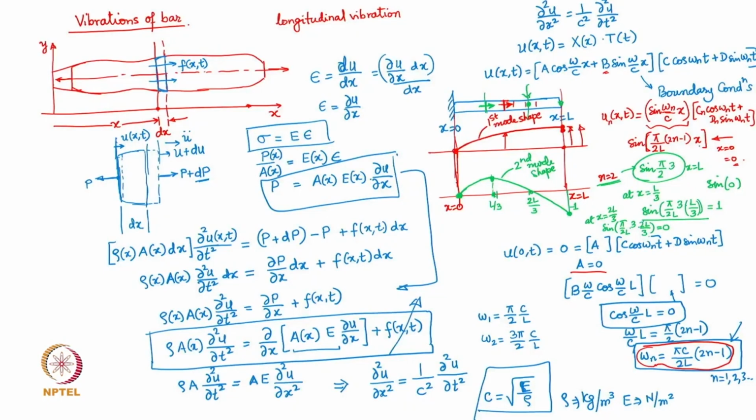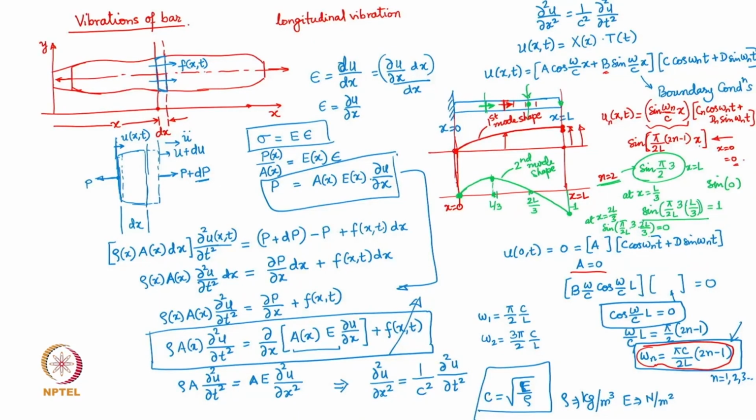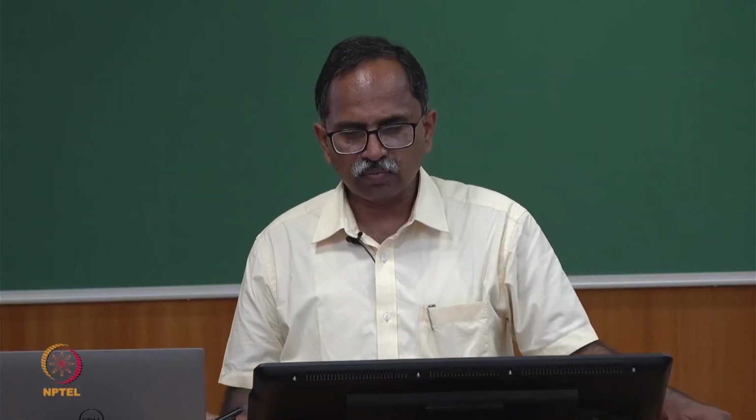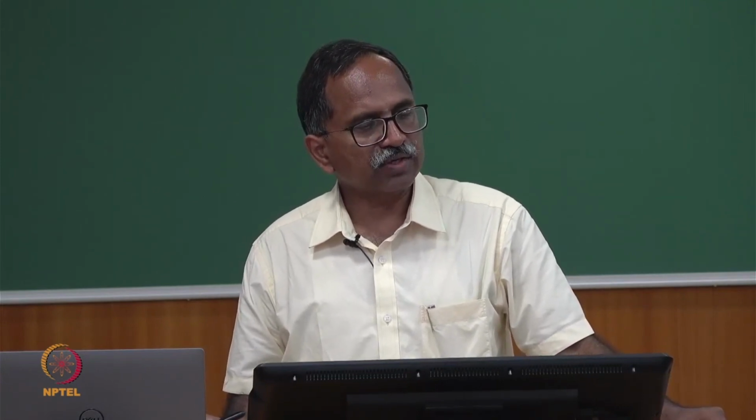And of course, the rest of the process of finding out the free vibration response to initial conditions is exactly the same as that of the string. So that part is left to you to extend exactly the way we discussed it in the case of the stretched string. Nothing changes, the whole process still remains the same, but these are small differences in terms of vibrations of a continuous bar.